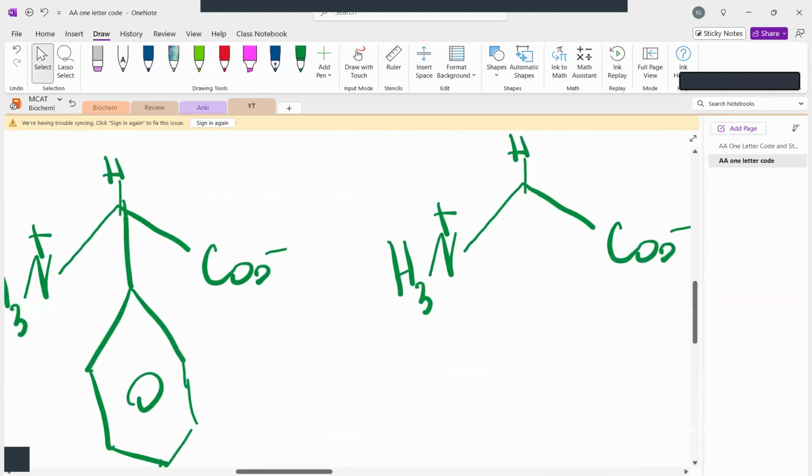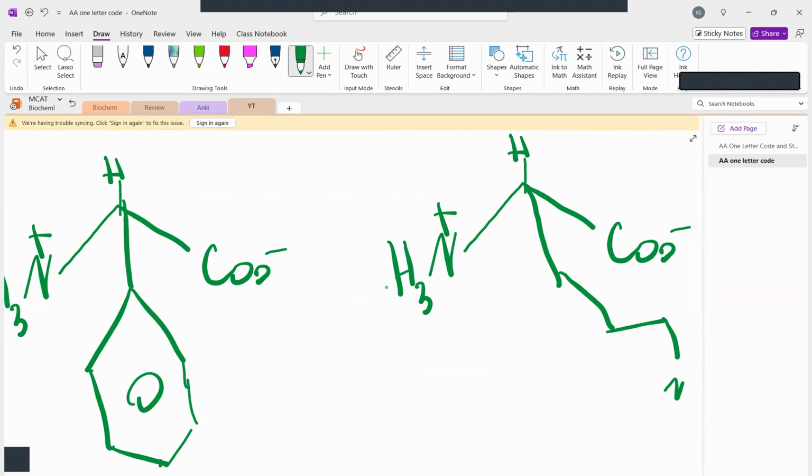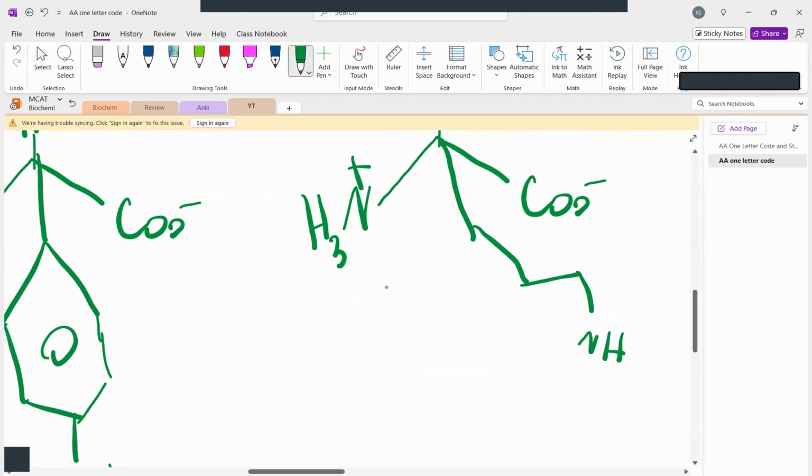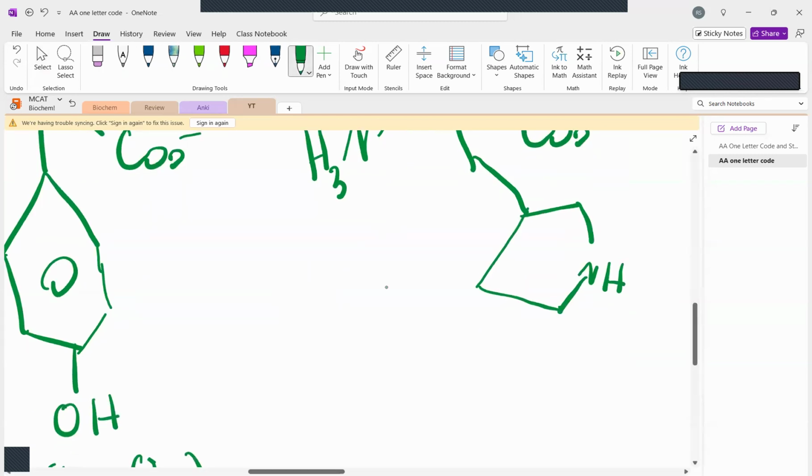And then tryptophan. I'm really bad at drawing tryptophan. So one, two. Let's see if I can actually draw it this time. I'm sorry for the silence, I'm concentrating.